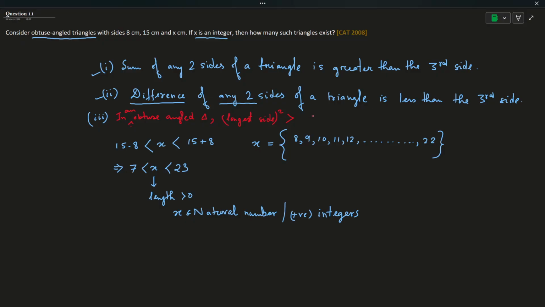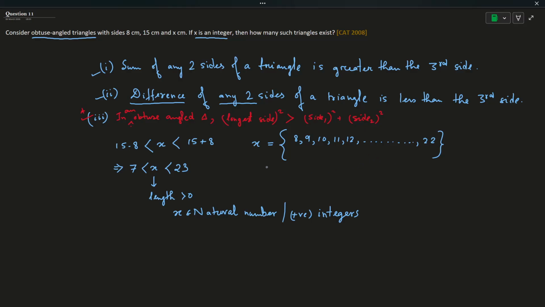So side 1 square plus side 2 square. The square of the longest side is greater than the sum of the squares of the other two sides. This is a very important property. Now let's see what we can derive from it.